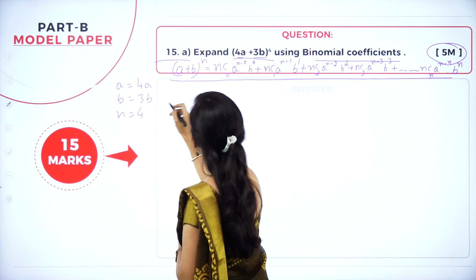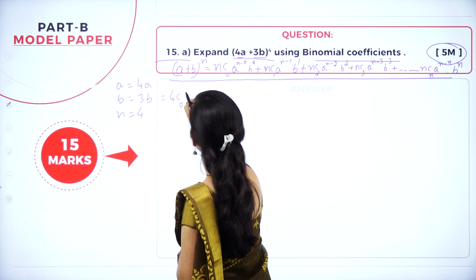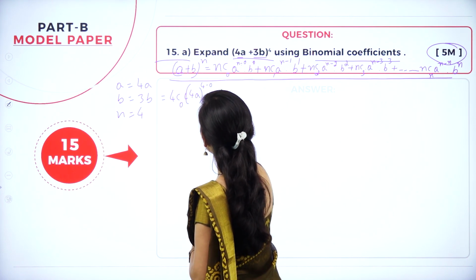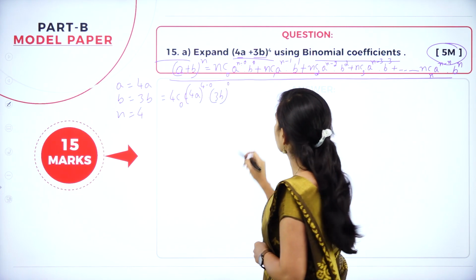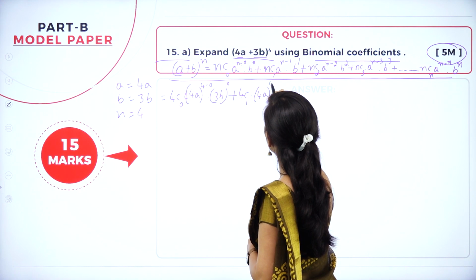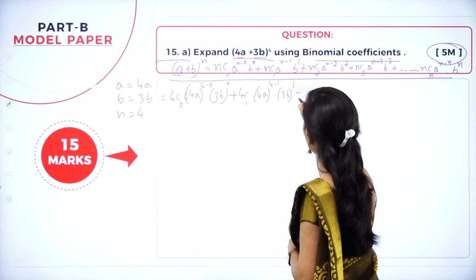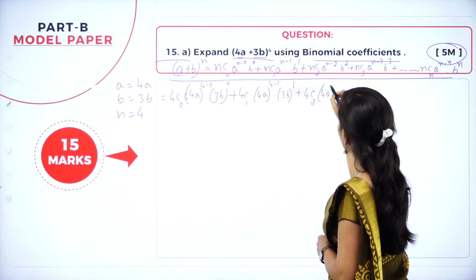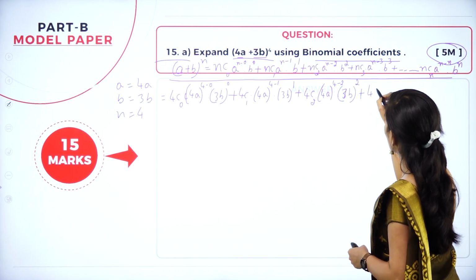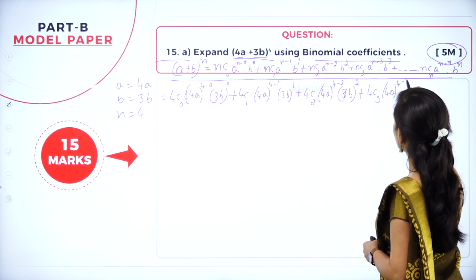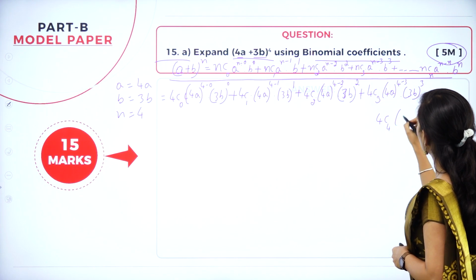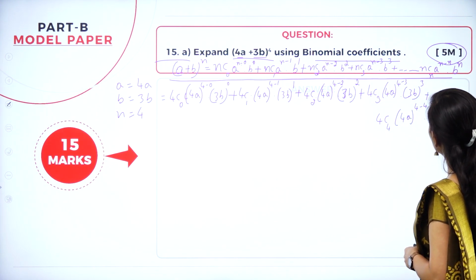It is 4C0 (4a) power 4 minus 0, (3b) power 0, and (3b) power 0 means 1, plus 4C1, (4a) power 4 minus 1 into (3b) power 1, plus 4C2 (4a) power 4 minus 2 and (3b) power 2, plus 4C3 (4a) power 4 minus 3, (3b) power 3, plus 4C4 (4a) power 4 minus 4 into (3b) power 4.